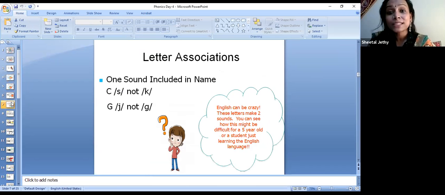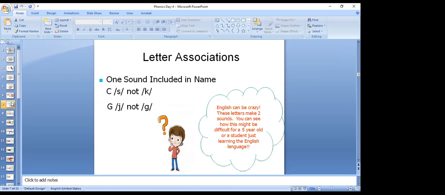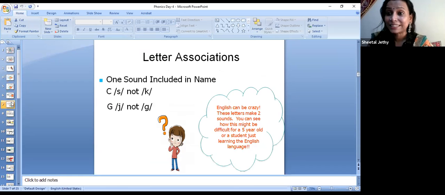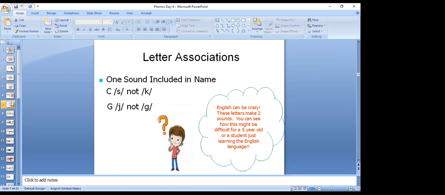Now these become much more tricky. Why? Because these alphabets have two sounds, or make two sounds. They don't have one. C can be pronounced as S and K, right?